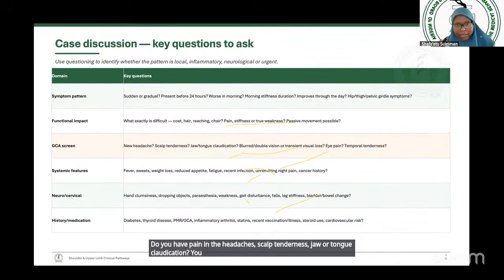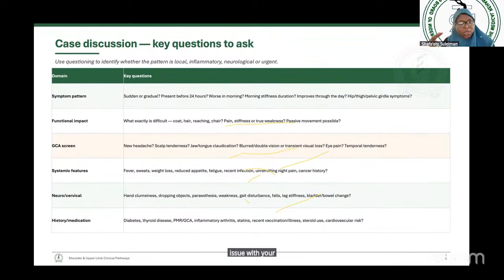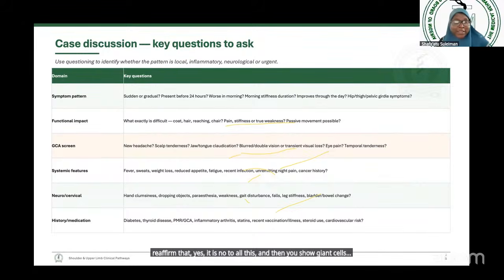Do you have any issue with your vision? Do you have any temporal tenderness? If no to all this, reaffirm it, and then you're sure giant cell is less likely. Still, polymyalgia can be there without giant cell arteritis.